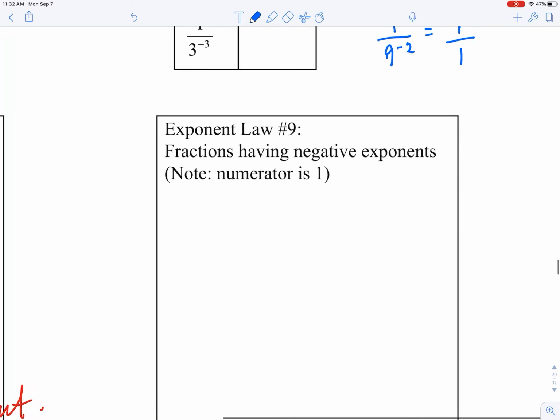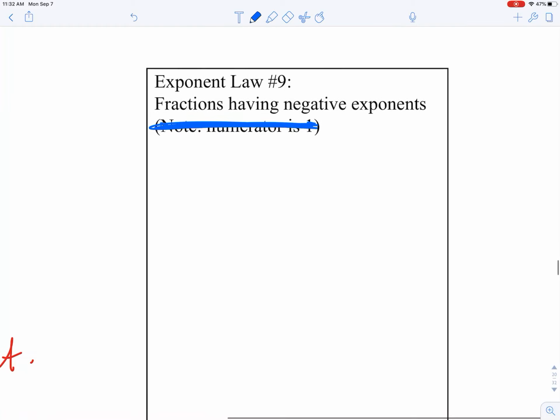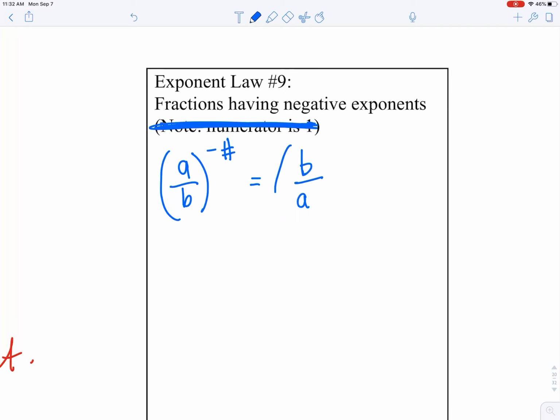And so this works anytime. It doesn't just have to be when the numerator is 1. So if we have a over b to the negative exponent, that's going to be the same as b over a, still with the brackets, but now to the positive exponent, which would be b to that positive exponent over a to that positive exponent.